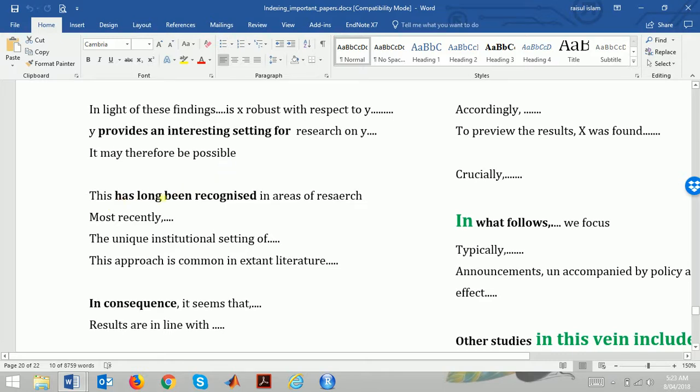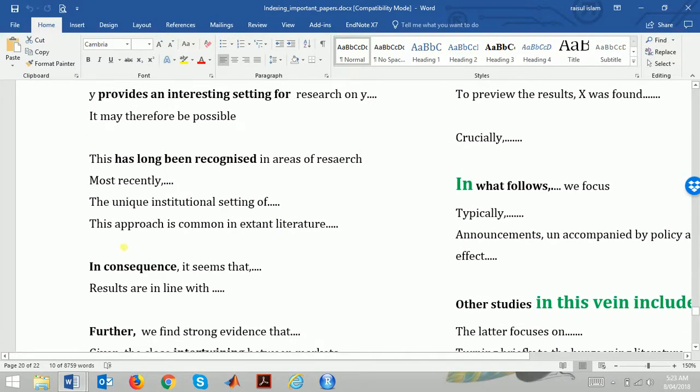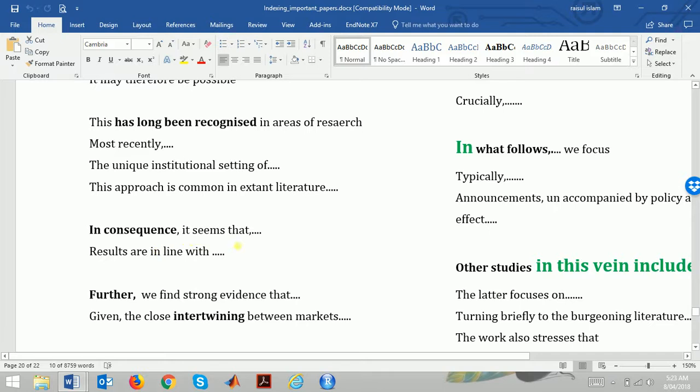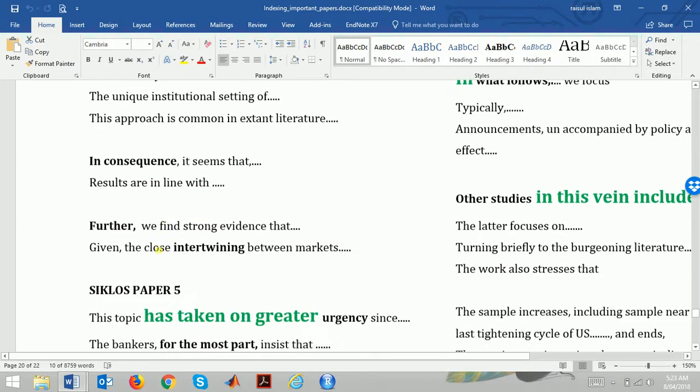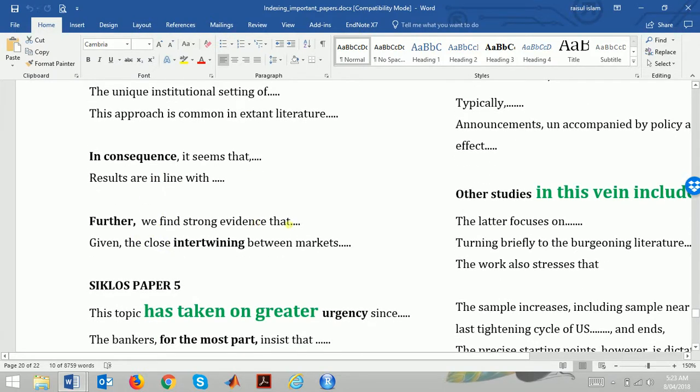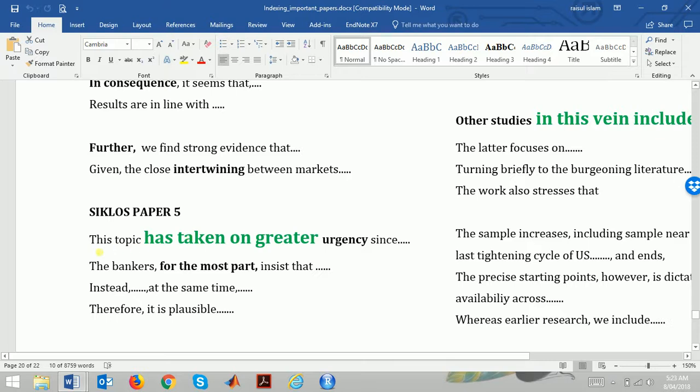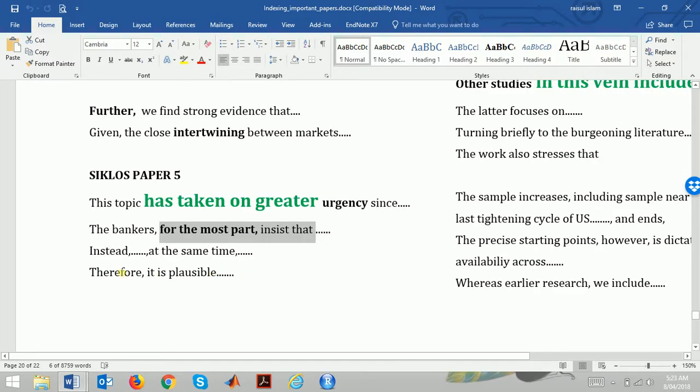This has long been recognized in areas of research. Most recently, the unique institutional setting of this approach is common in extant literature. In consequence, it seems that results are in line with. Further, we find strong evidence that given the close intertwining between markets, this topic has taken on greater urgency since the bankers, for the most part, insist that instead, at the same time, therefore, it is plausible.